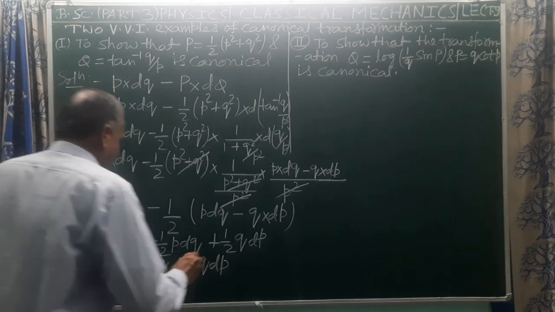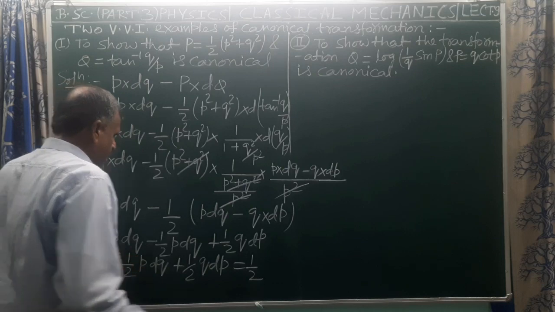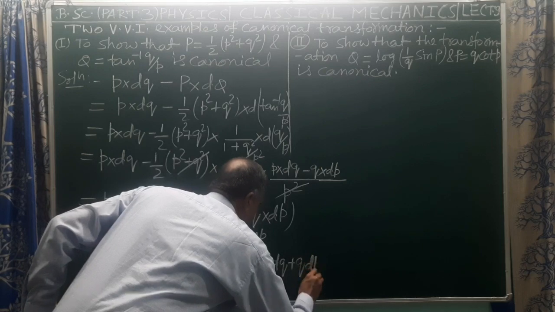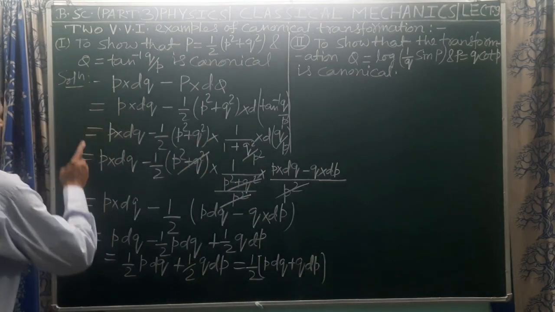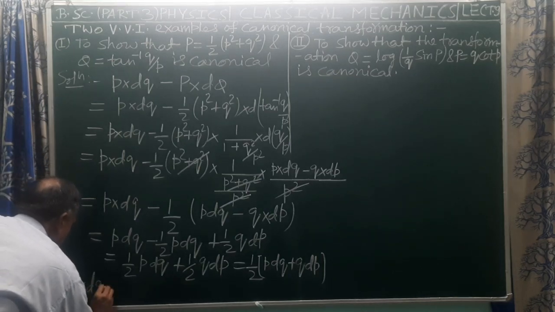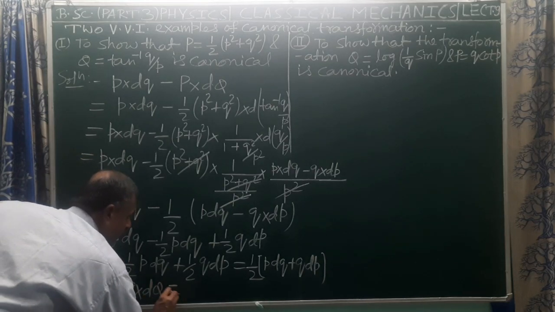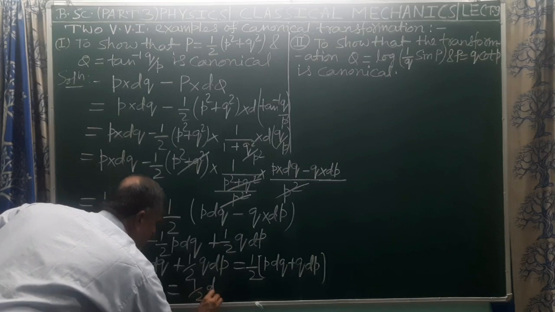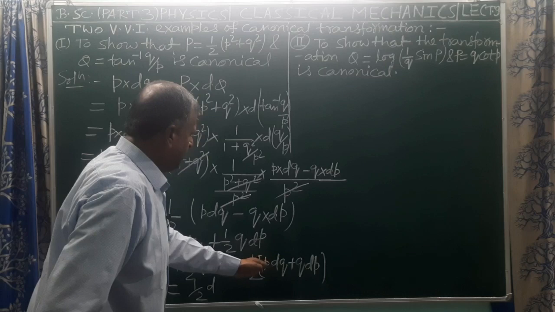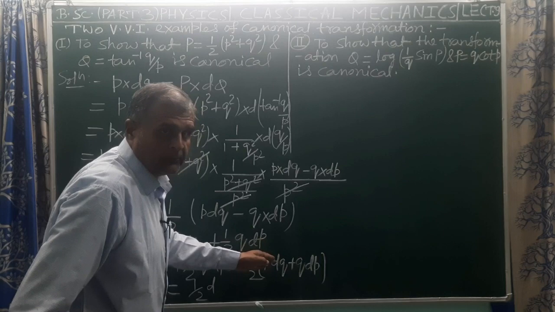And it is the differential of p into dq, 1 by 2 is common, so it is 1 by 2 p dq plus q dp. Therefore a small p multiplied by d a small q minus capital P multiplied by d capital Q equals 1 by 2 differential of p dq plus q dp, that is the differential of the product of p and q.